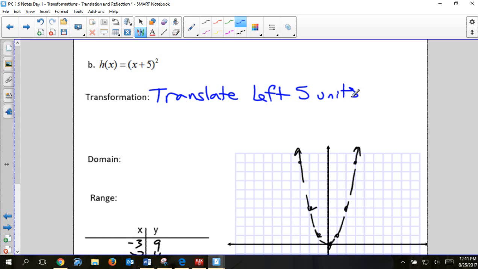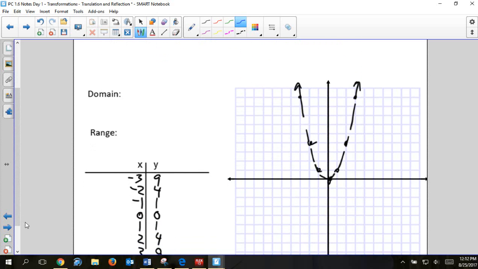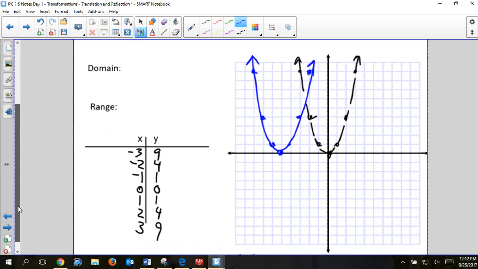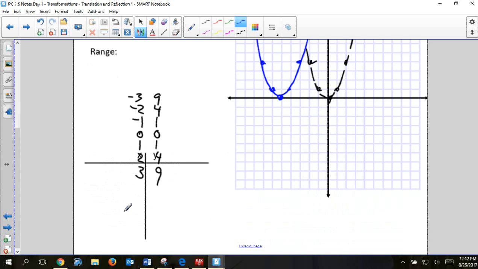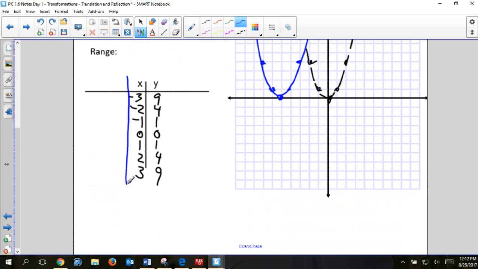This would be another one where I probably would not use a table. I would just take everything and I would just move it left 5. But I will show you with the table. Since it is left 5, we're going to change our x values.